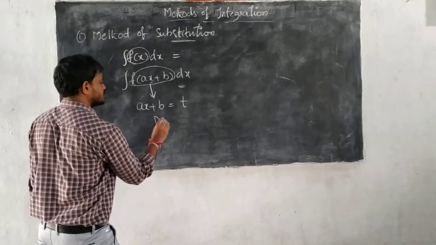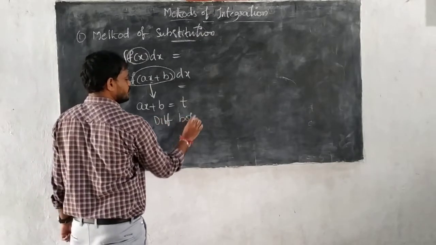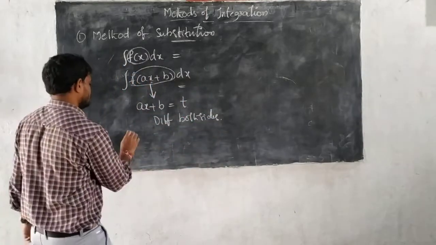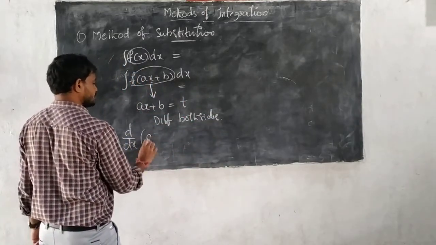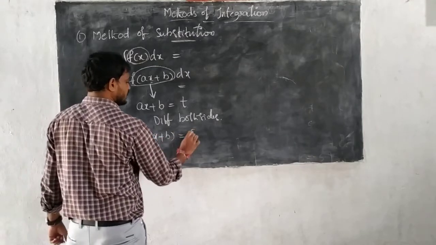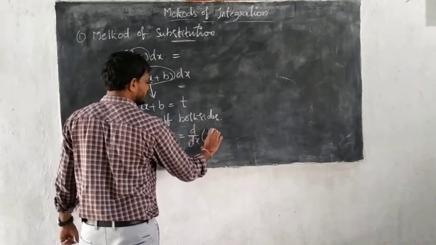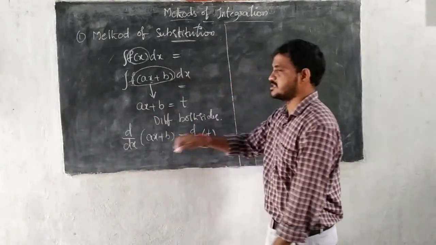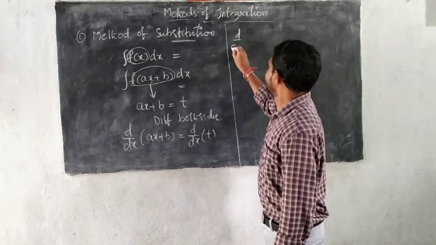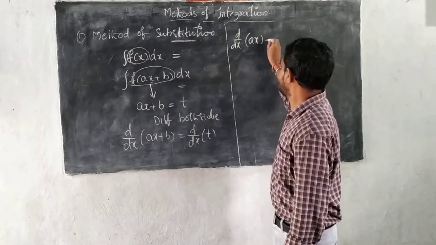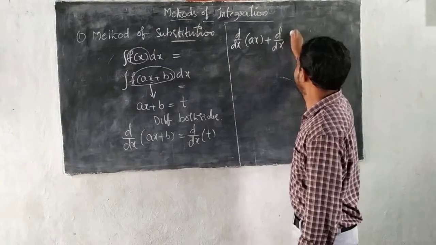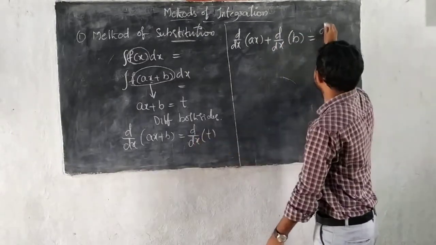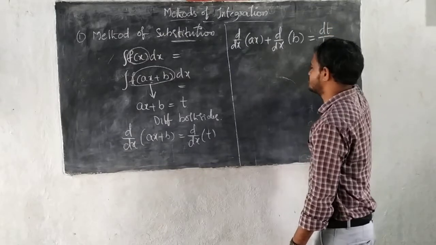Differentiate both sides. So d by dx of ax plus b is equal to d by dx of t. Here we have two terms, so make it separate: d by dx of ax plus d by dx of b equals d by dx of t, which we can write as dt by dx by the chain rule.